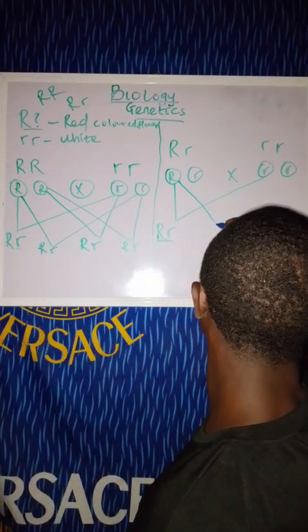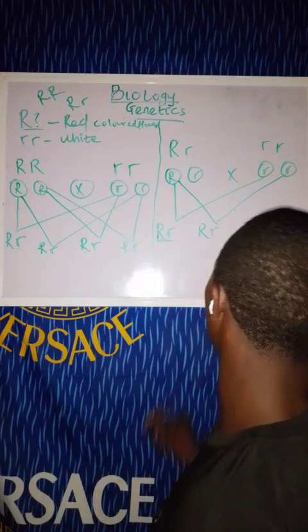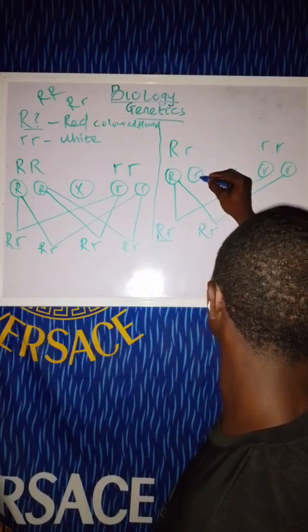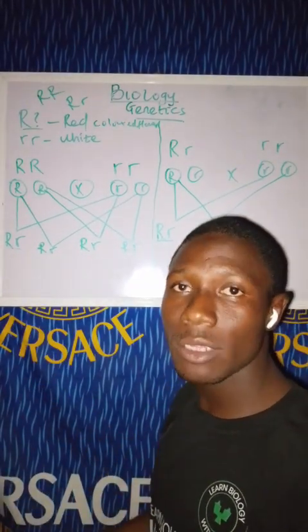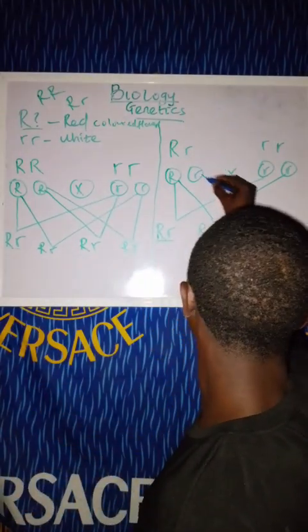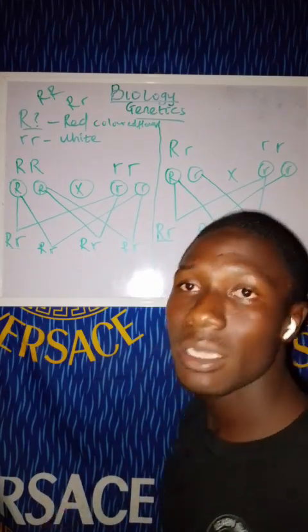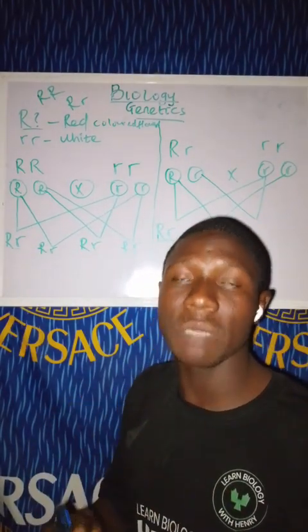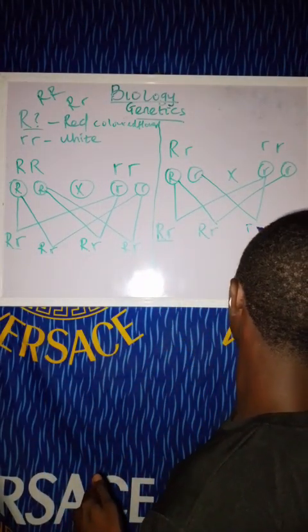This same gamete also crosses with this to produce heterozygous red. This one, which is the gamete that has the gene that codes for the white color, which is the recessive trait, crosses with another gamete that carries the gene that codes for that same color white to produce small letter r, small letter r.